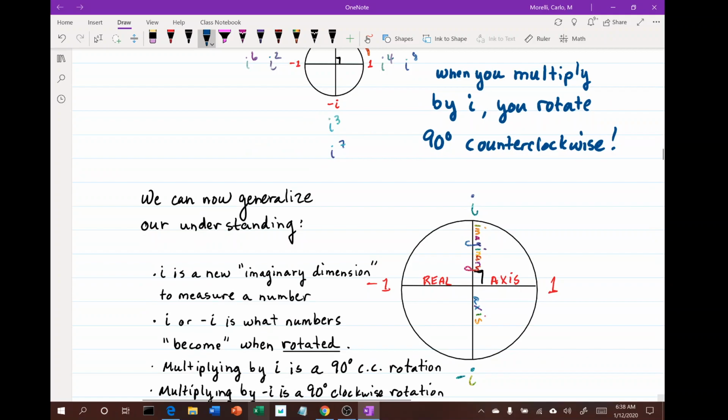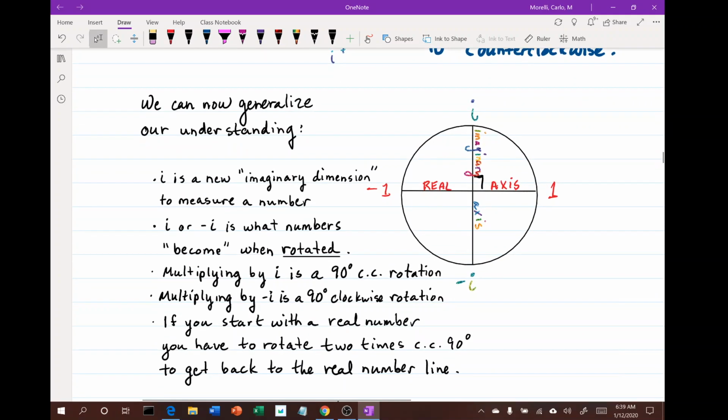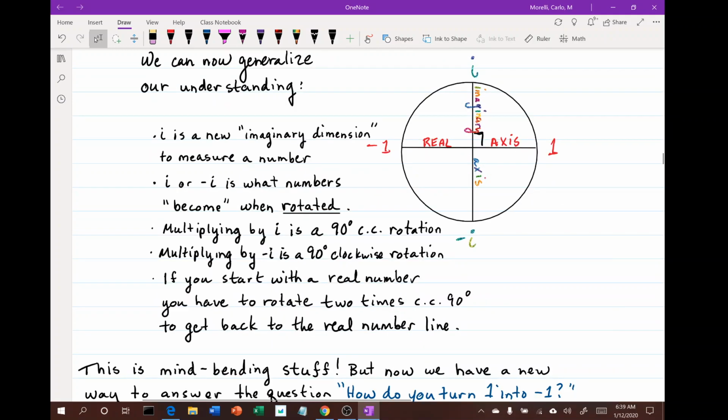So now let's generalize our understanding. i is actually part of a new imaginary dimension. I should have said here, i is in a new imaginary dimension to measure a number. Okay? Look at this. This is the imaginary axis right here.